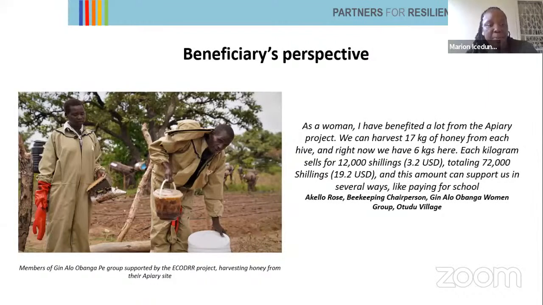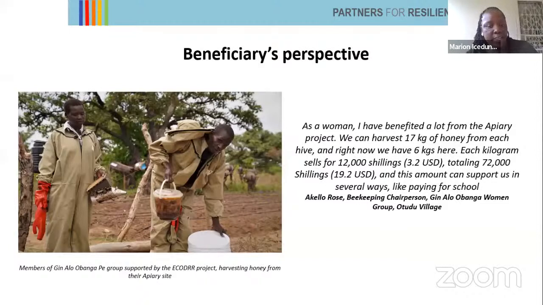Yeah, so this is just a beneficiary perspective. This is a woman from one of the local areas involved in beekeeping, or call it apiary. One thing I can mention is that this was an activity that was predominantly male, but in terms of how we designed the activity, we tried to make it as comfortable for the women also to participate in this.